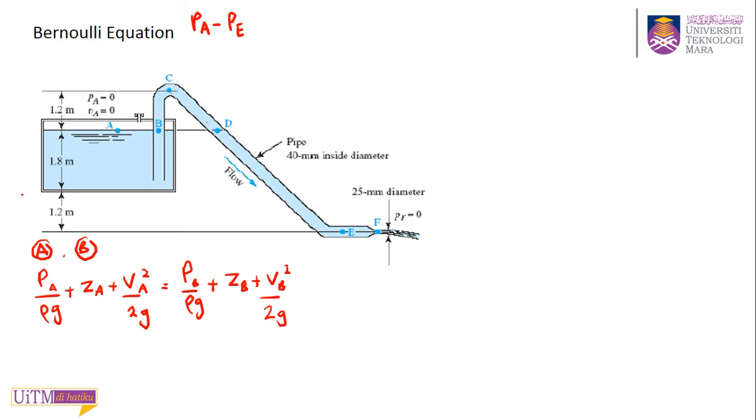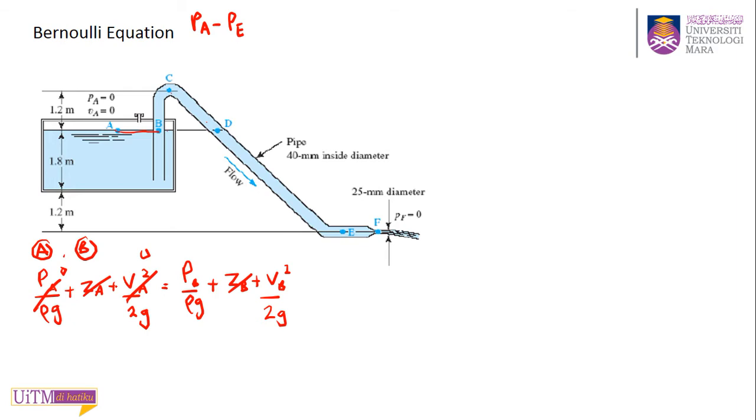We know PA is 0, VA is 0, and ZA and ZB are the same, 1.8, because it's a horizontal line, so you can cancel out the Z terms.